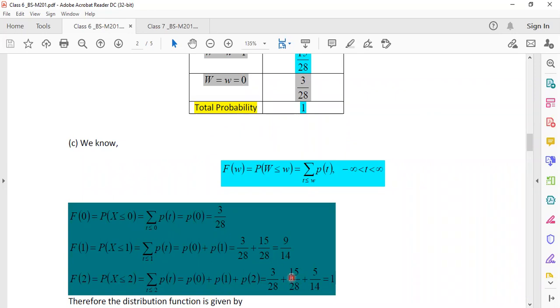Remember that if your chart is complete, then the value of the distribution function at the final point must be equal to the total probability, or the sum of the probability mass function. If this value is not coming as 1, that means your chart is not complete. That's how statisticians often try to find whether the chart they are working with is complete or not.